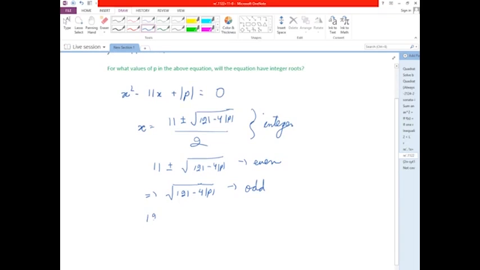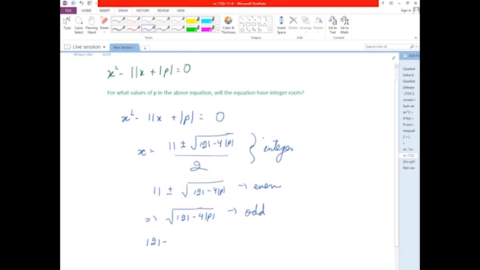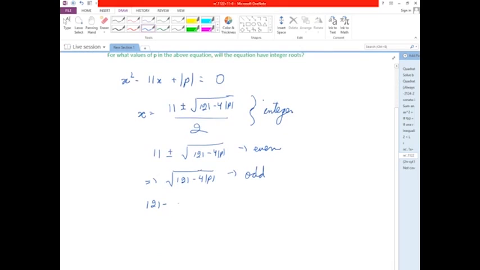So it means 121 minus 4 mod p should be a perfect square of an odd number. Yeah, of an odd number.